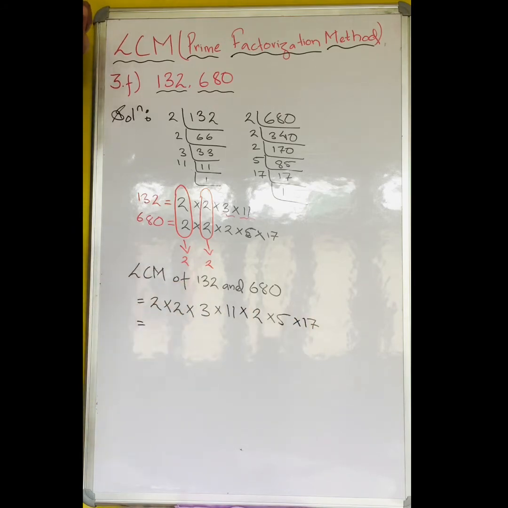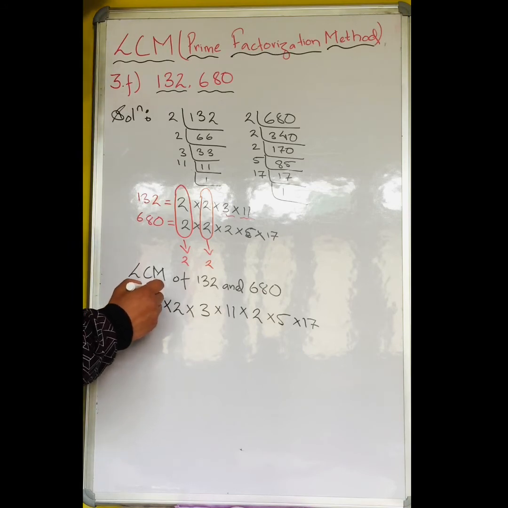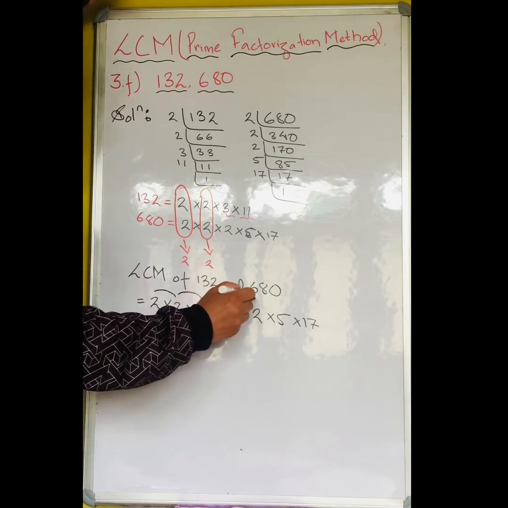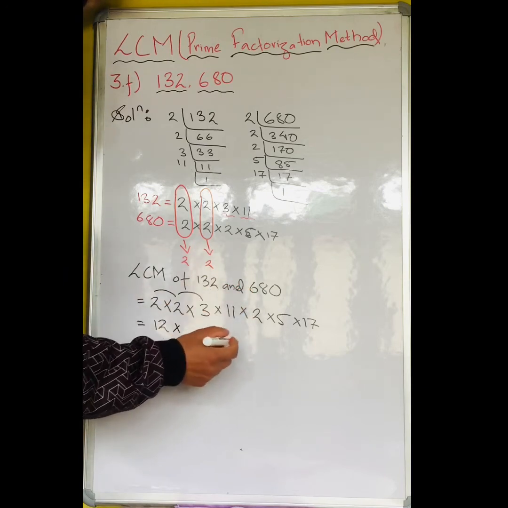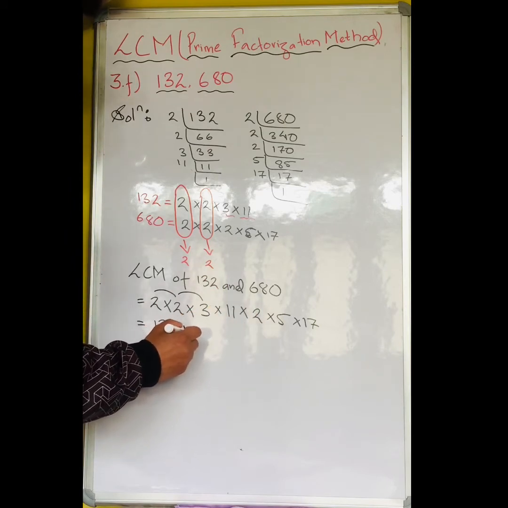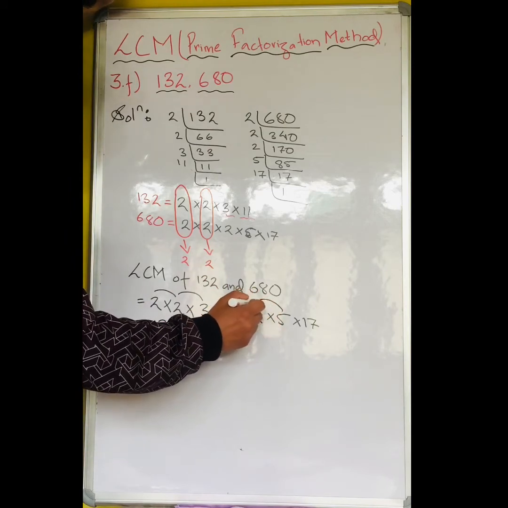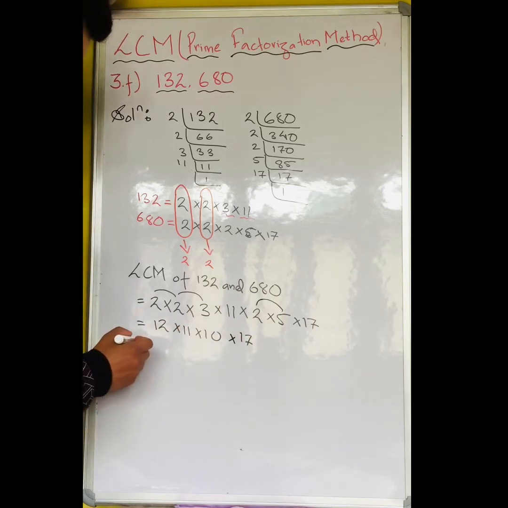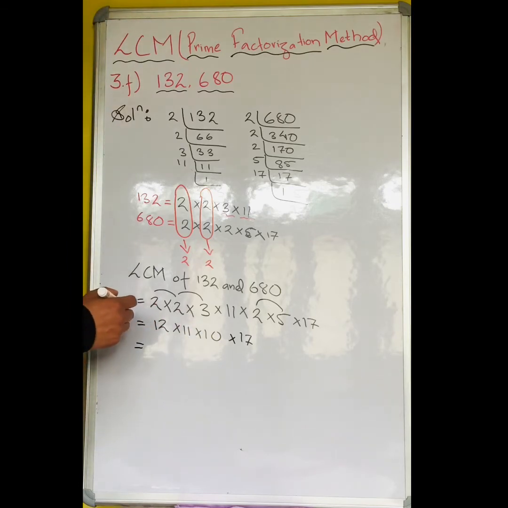You just have to multiply these numbers, and it will be easier if you simplify them. First multiply the smaller numbers: 2 twos are 4, 4 threes are 12, so I'll write 12 here into 11. Then 5 twos are 10.